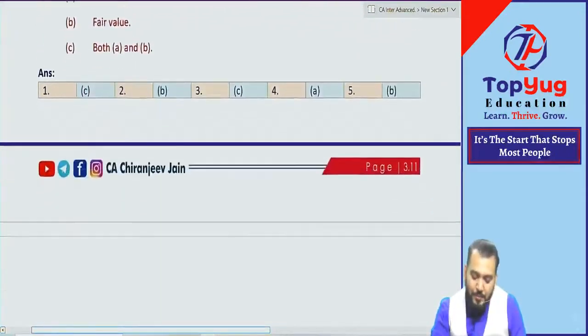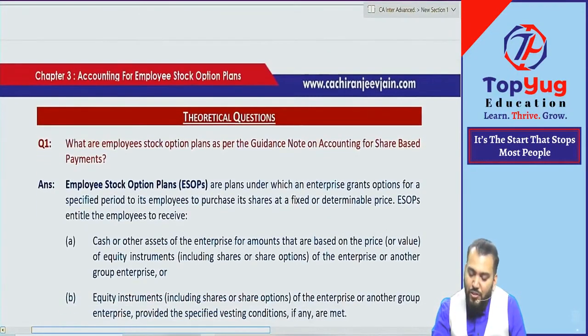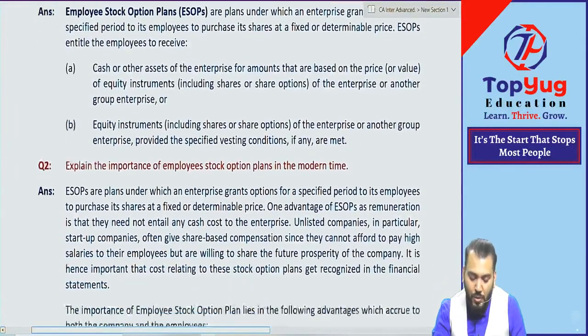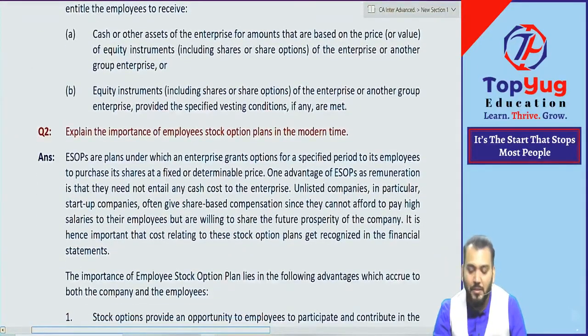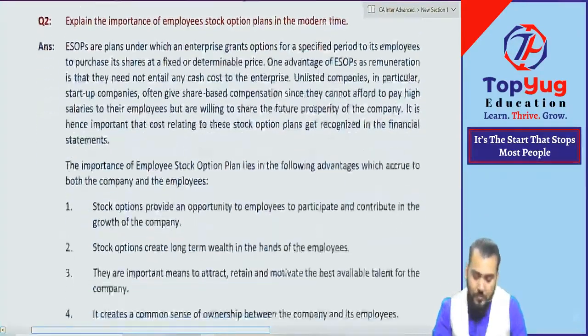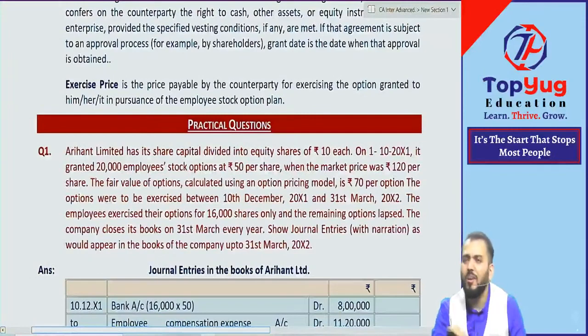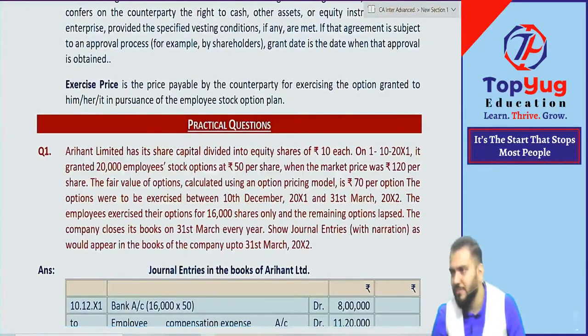Then they have given some theoretical questions, you can read. If you understand, okay. If you do not understand, also okay, because you will ask me. There is a very rare chance they will ask a theoretical question. From this chapter practical questions will always be asked. Whatever theoretical questions are important from the examination point of view, I will give as notes. Don't worry, I know which question can be asked and which cannot.